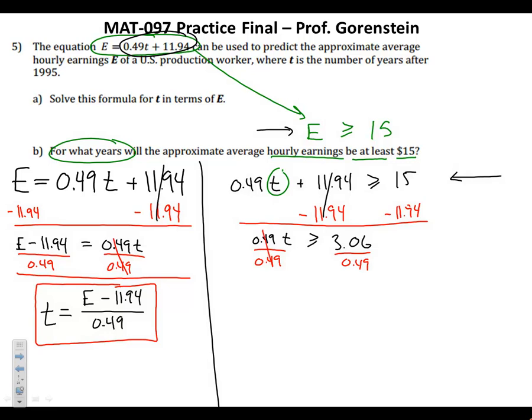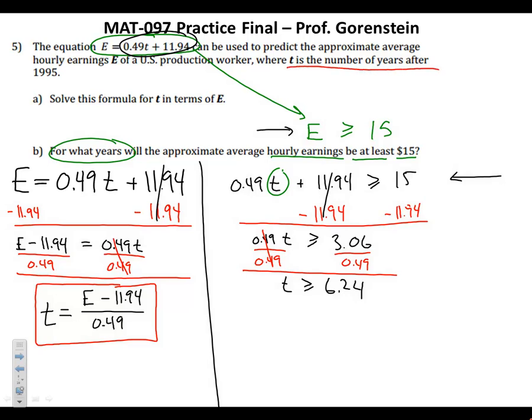On the left-hand side, the 0.49's cancel. So we have T is greater than or equal to 6.24. And now, what does T represent?